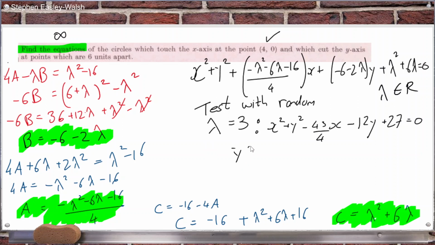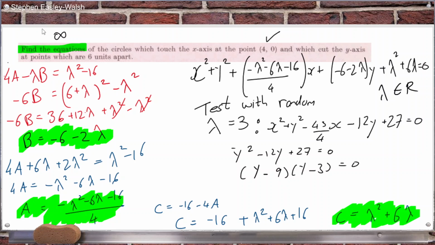So we have to solve the quadratic y squared minus 12y plus 27 equals 0. So that's (y minus 9)(y minus 3) equals 0. It crosses the axis at 3 and 9, which is 6 units apart.